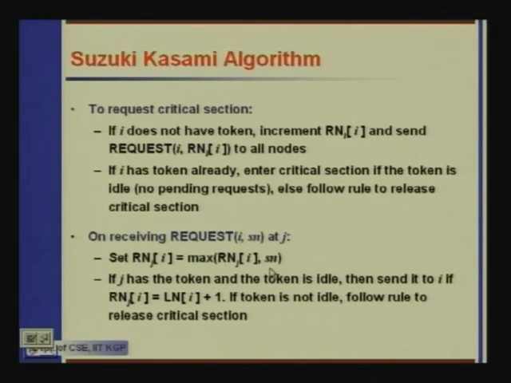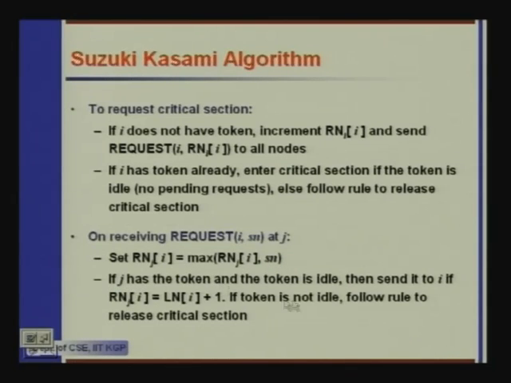So, we take the max of the two, because we know that this is the largest numbered request that has reached us from i. Now, if SN is smaller than this, what does it mean? It is an outdated message. If SN is smaller than RN_j[i], that means that this request message is an outdated message, a request received out of order, later than requests that were sent later. Otherwise the max will come from this.